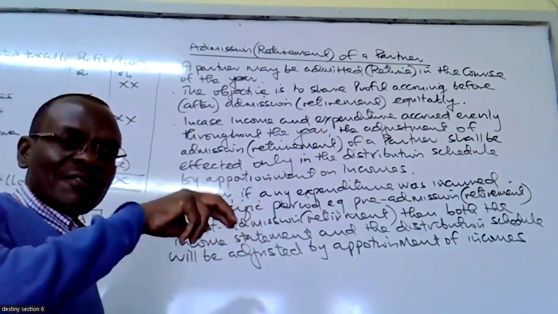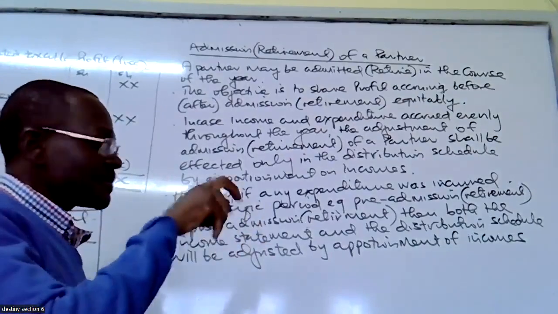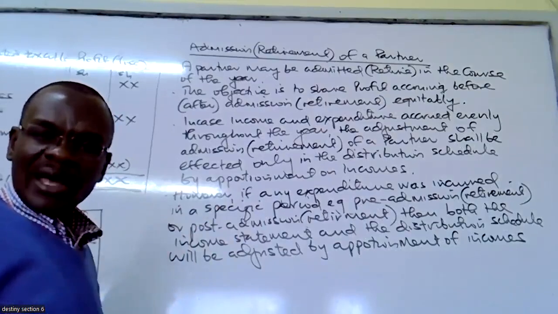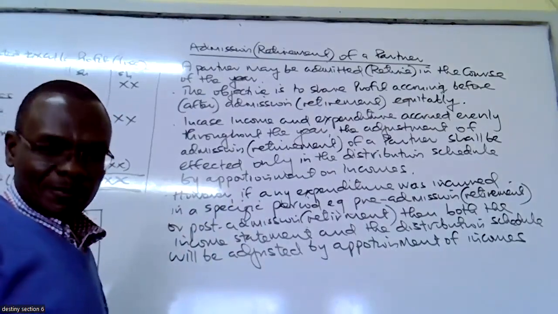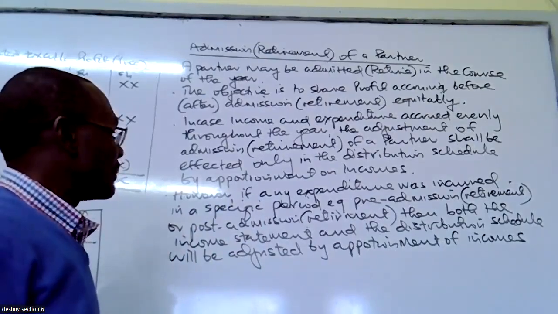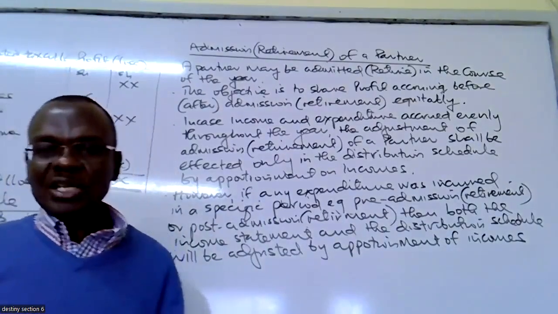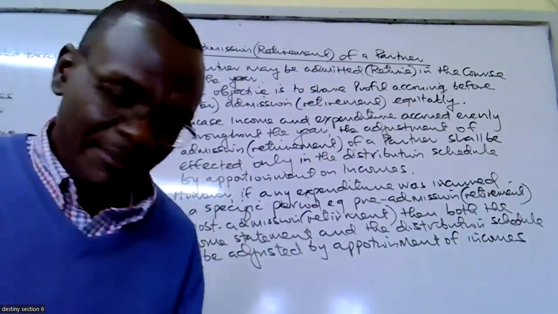Then you charge the investment allowance in the specific period where the assets were acquired for purposes of the business. Then even the distribution schedule will likewise be adjusted.